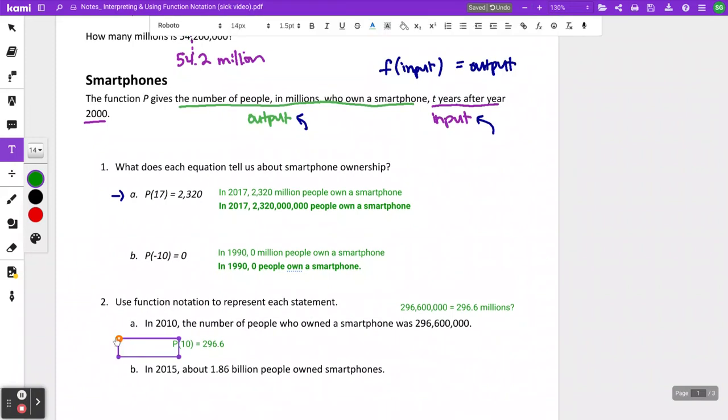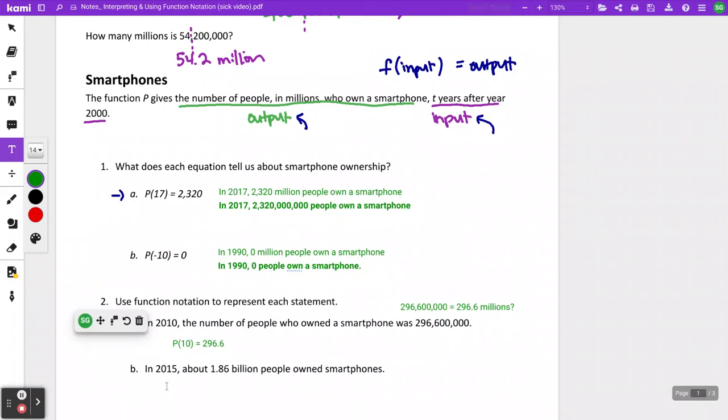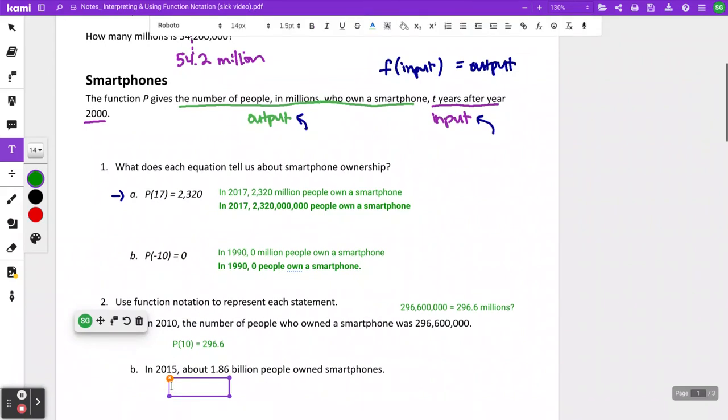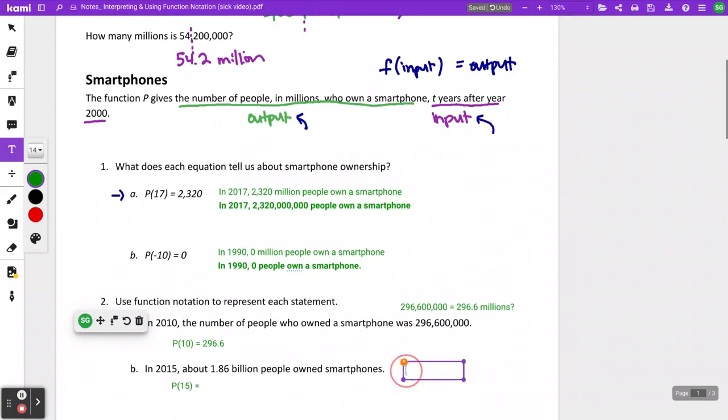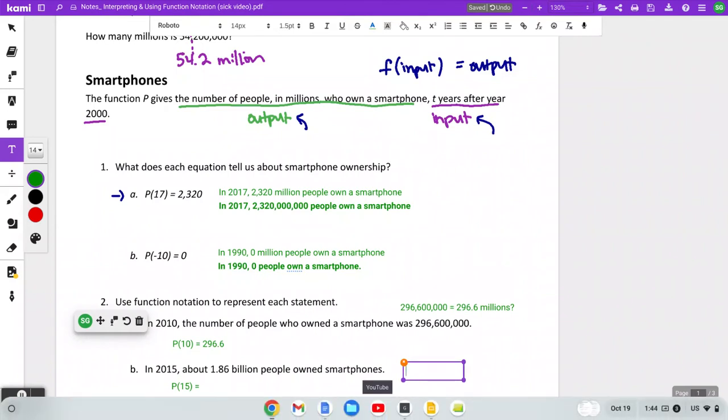Oh, I'm sorry, guys. The second part here is going to be real similar. Our input for 2015, that's 15 years after the year 2000. And then for our output, we have to think about what 1.86 billion looks like in millions. 1.86 billion would be 1,860,000,000. So that would be this number here.